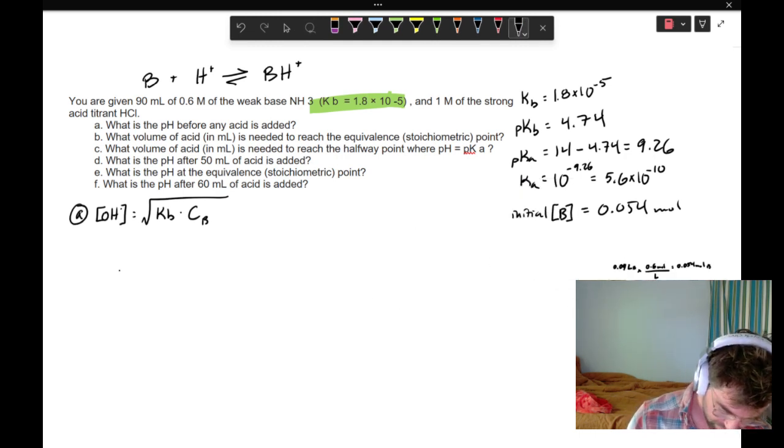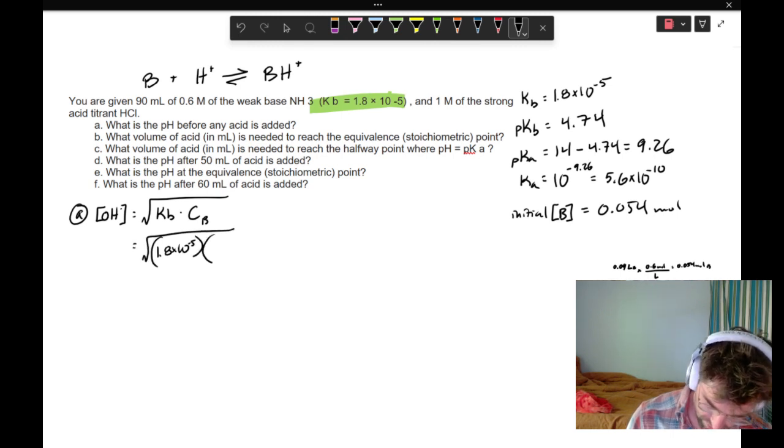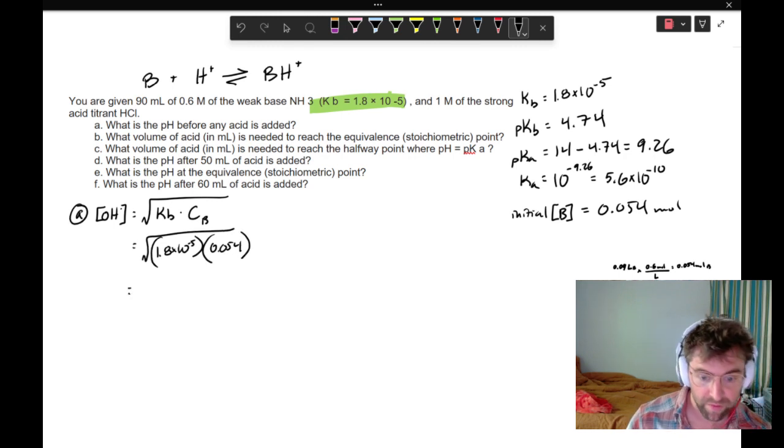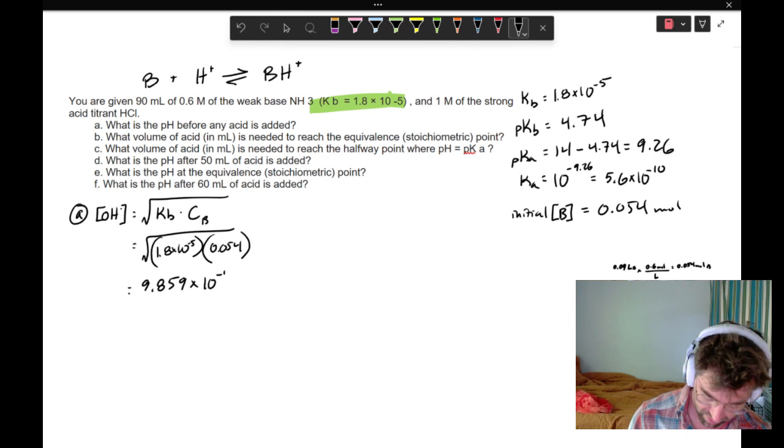Move that over there. Equals Kb times initial. Should get 9.859 times 10 to the negative 4. Very, very small quantity.